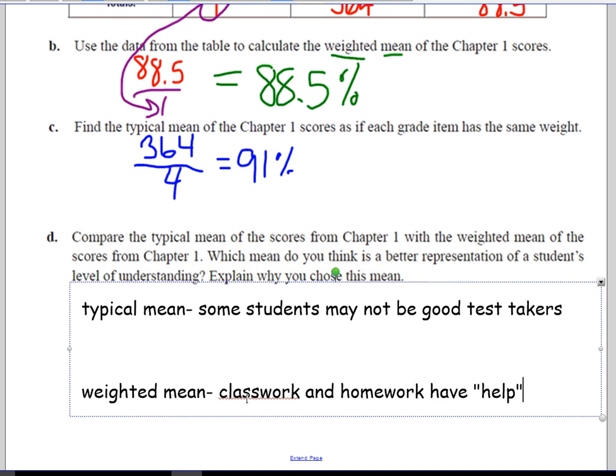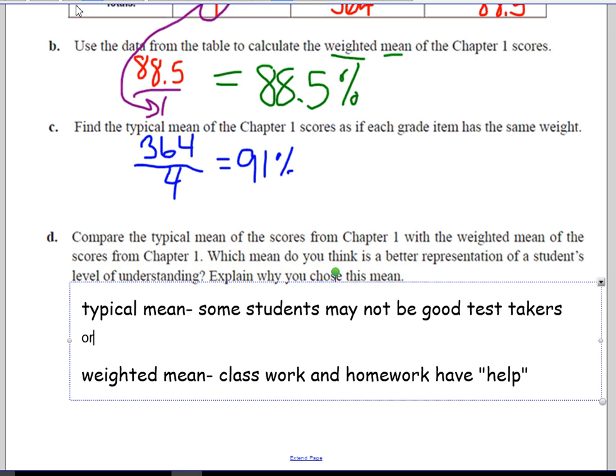So quizzes and tests show what the student actually knows, more so than classwork or homework would have. So that's just 2 possible answers that you might have and the reason behind them.